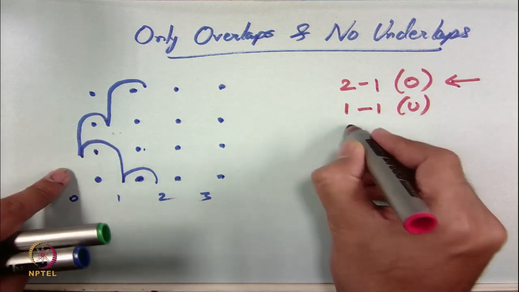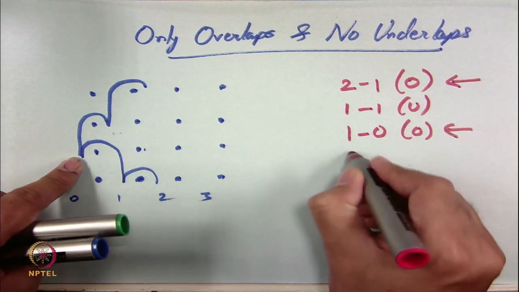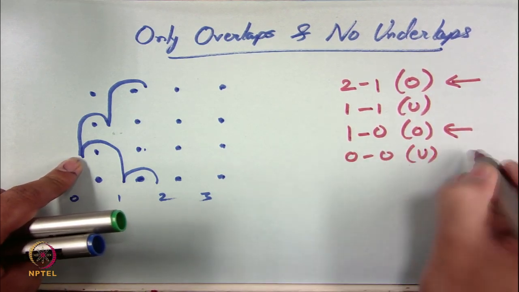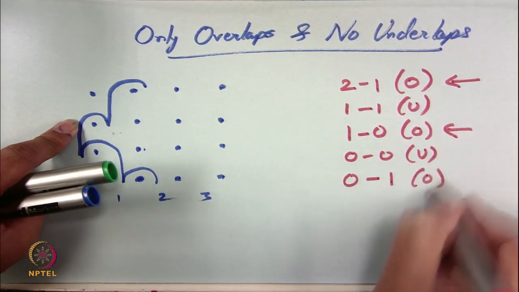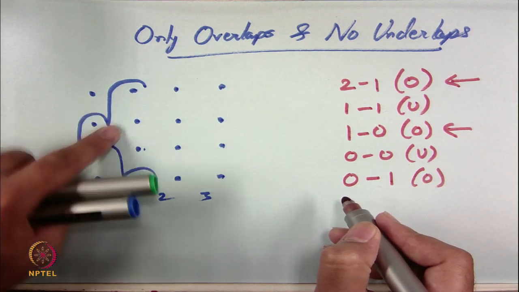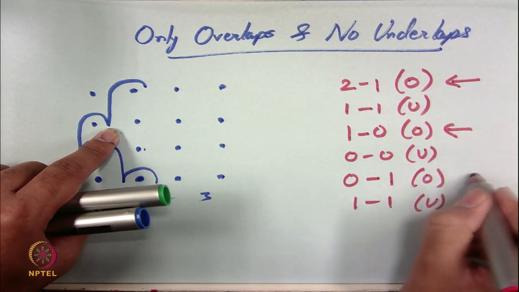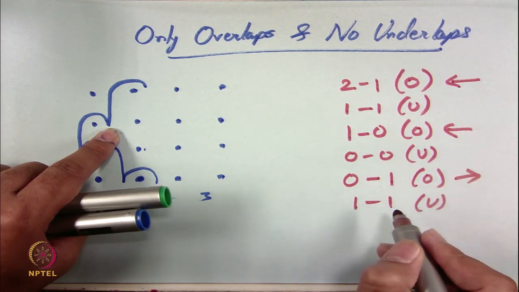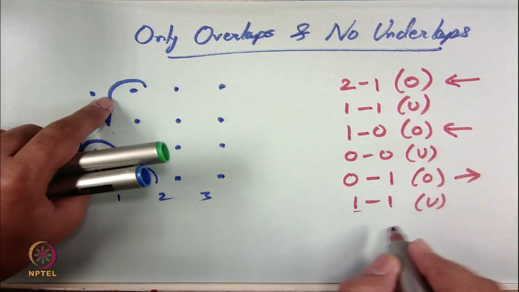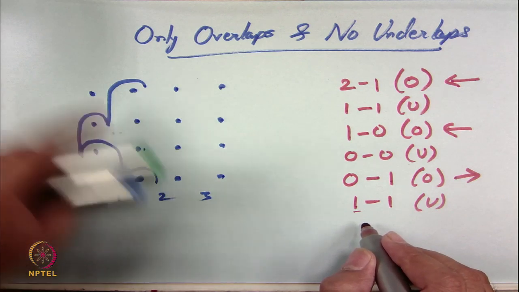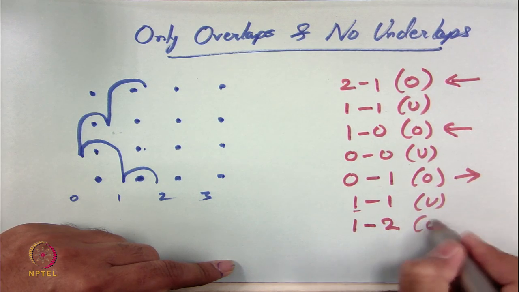After that 1 to 0 again overlap, then 0 to 0 underlap again missing, then from 0 to 1 overlap, and then 1 to 1 again underlap which is missing, and then from 1 to 2 is overlap.